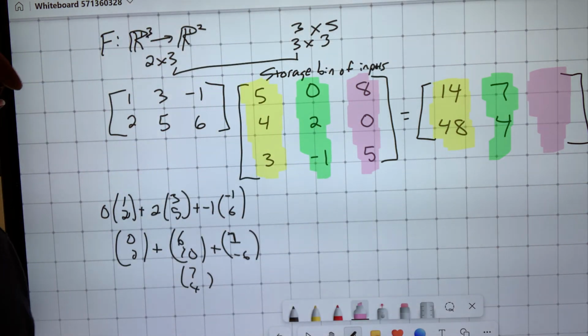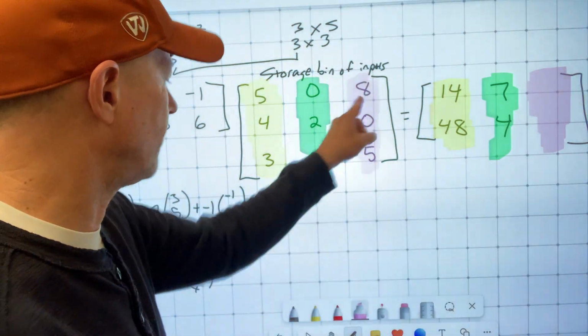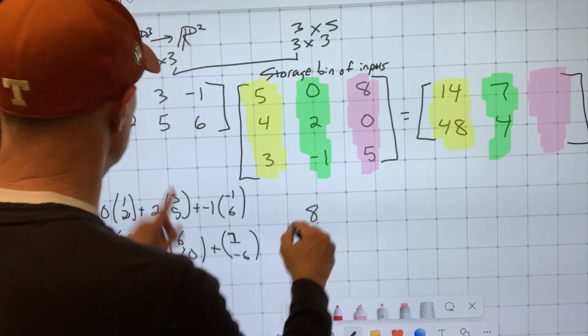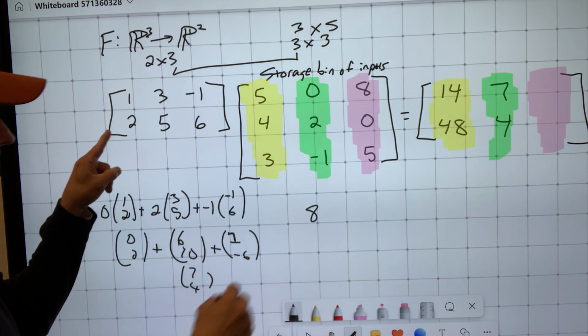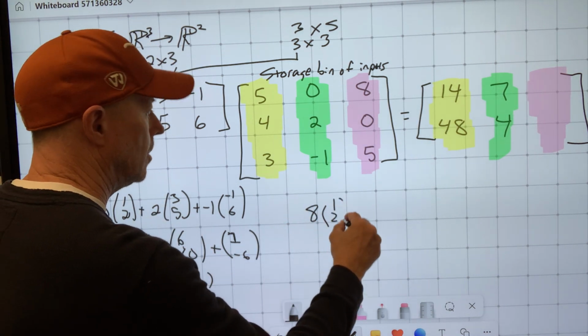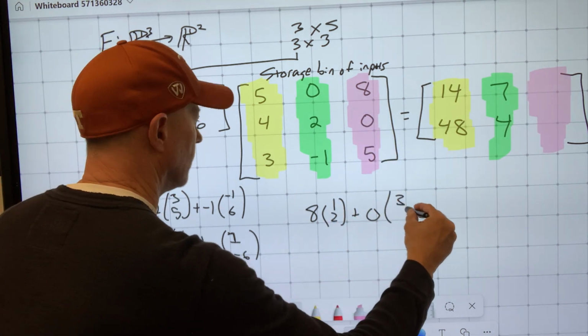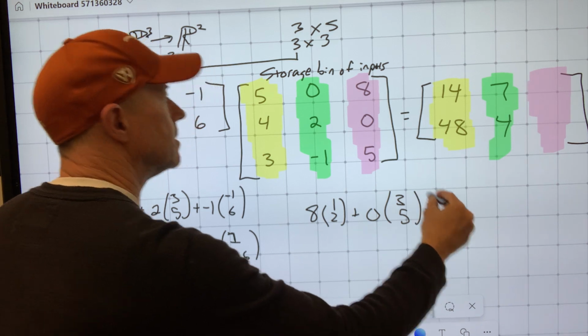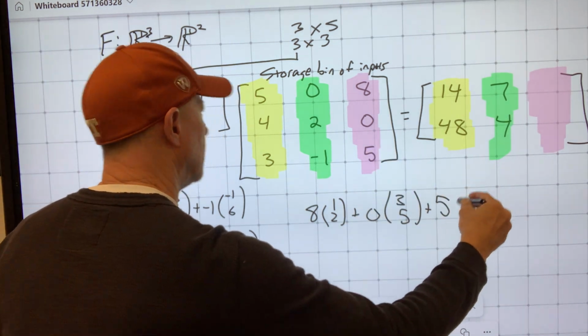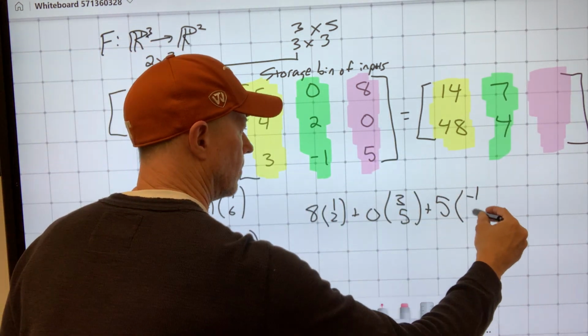And to figure out what it becomes, you take the first entry times the first column over here, 1, 2, plus the second entry times the second column, plus the third entry times the third column.